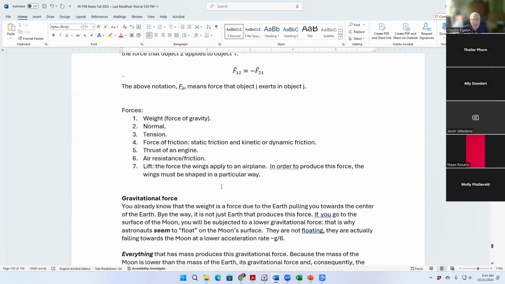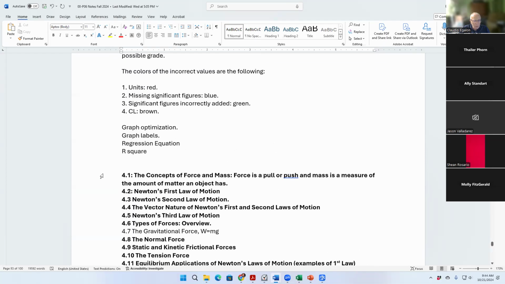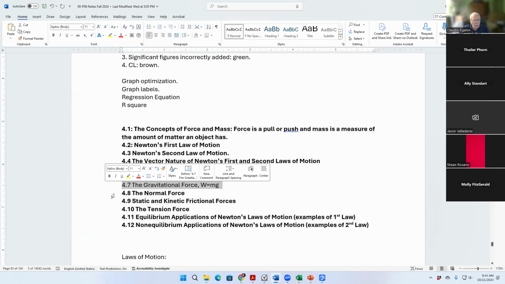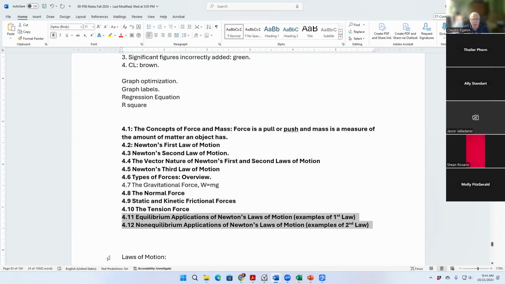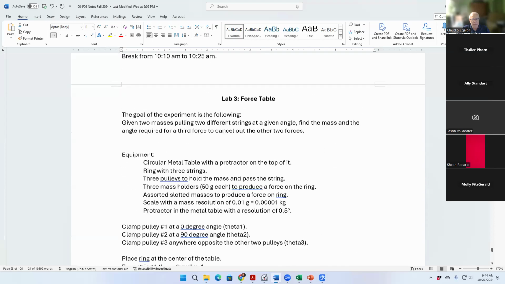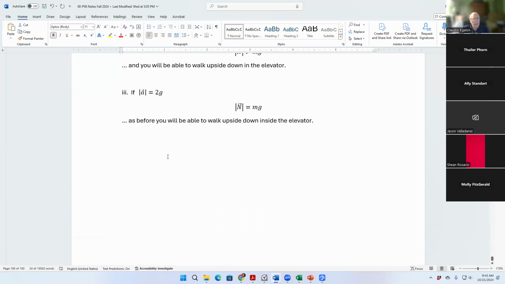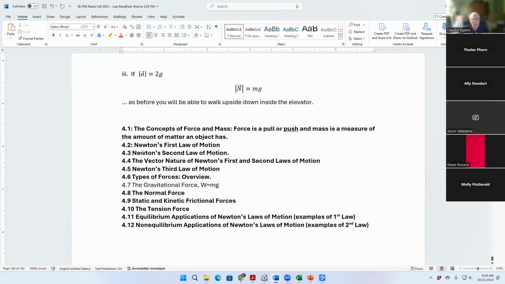If we go back, we cover everything that you need. I want you to solve the examples in the book, 4.11 and 4.12. Go through the examples in those two sections, and you'll be able to understand this concept better.